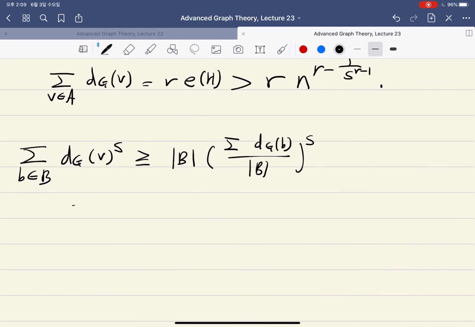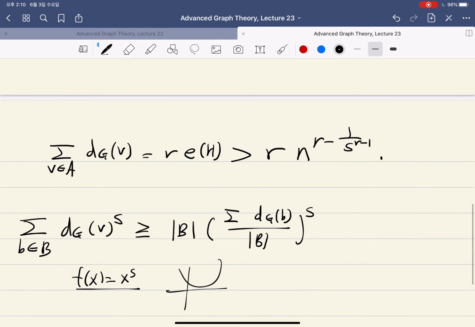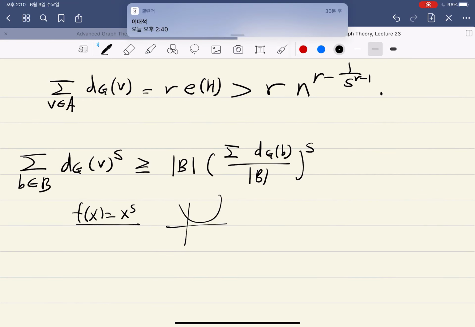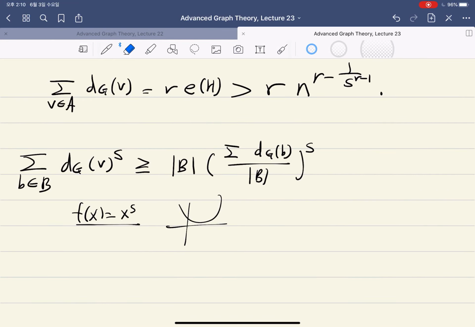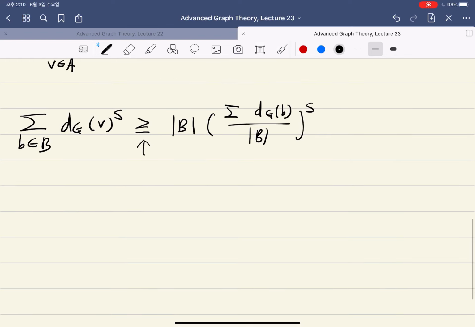As before, f of x equals x to the s is a convex function with x being a natural number. So by convexity, we again have this inequality, just like before.